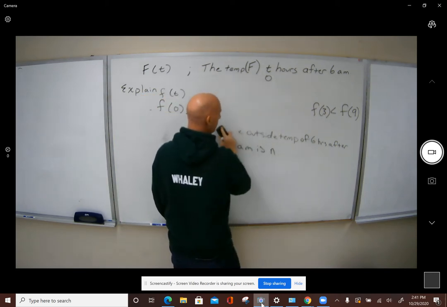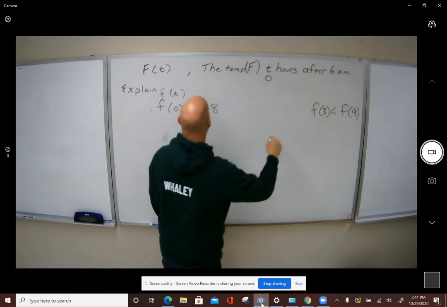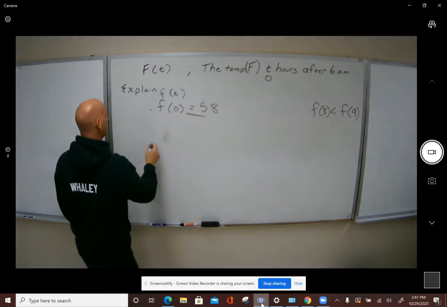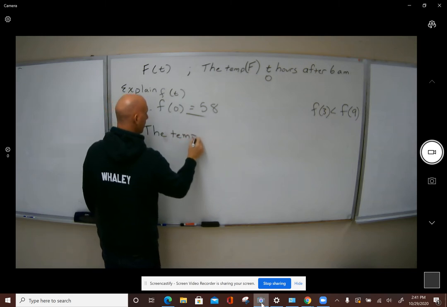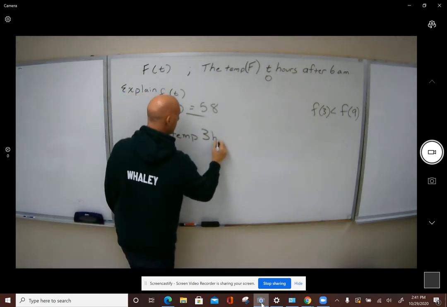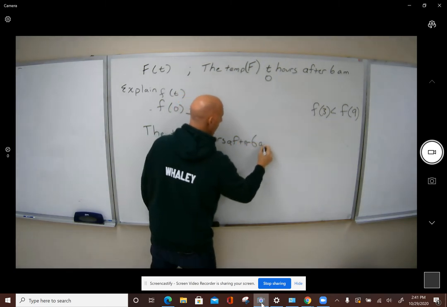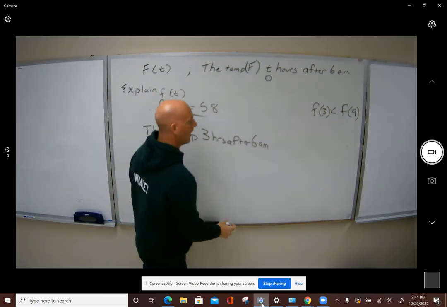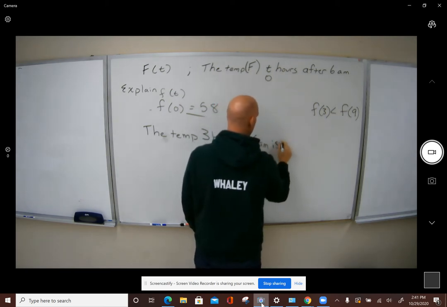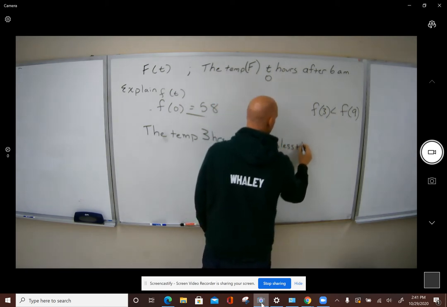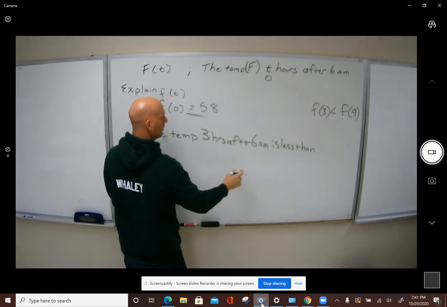Now the last one, F of 3. So F of 3 means the temp 3 hours after 6 a.m. We have a less than, so we're just going to put is less than, and then I'm going to have to finish the rest down here.